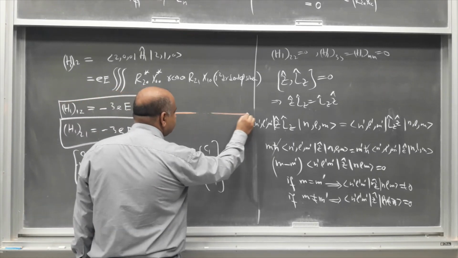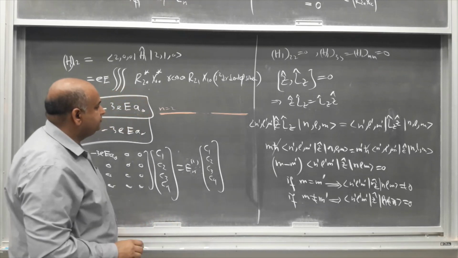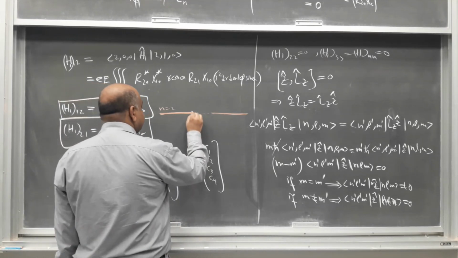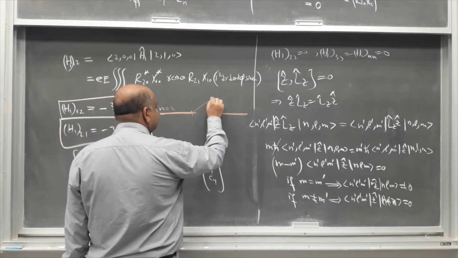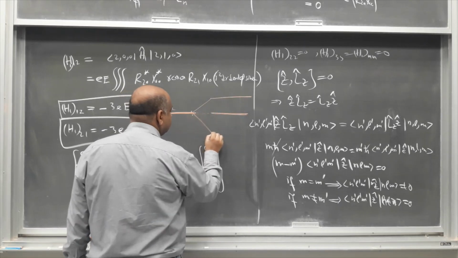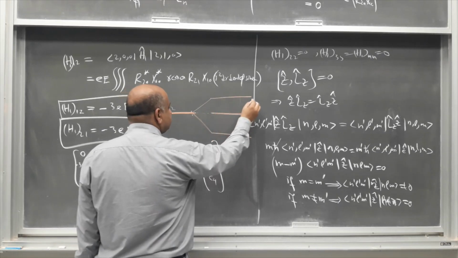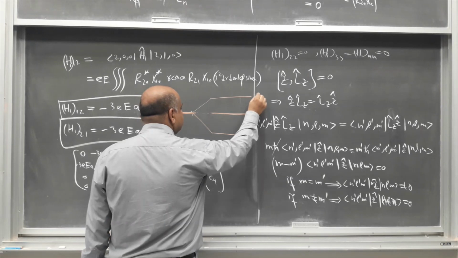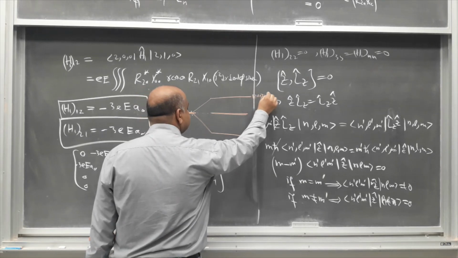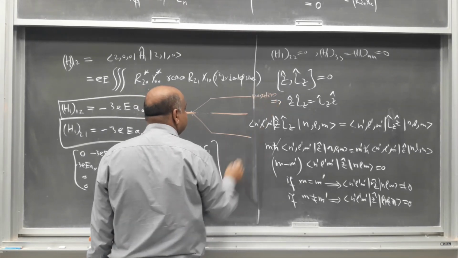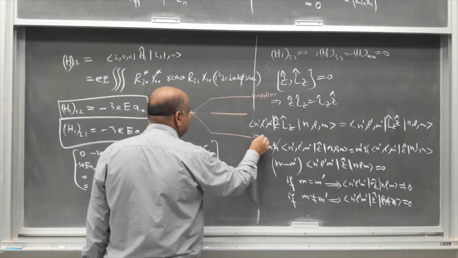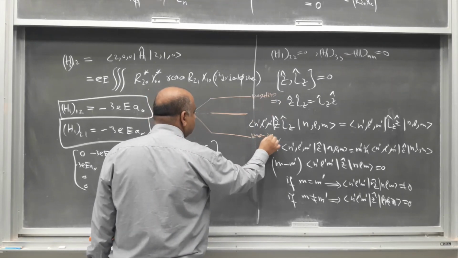Two of the states still have the same energy, but the other two mix to give rise to 2 more states. So this is 2 0 0 plus 2 1 0, and this is 2 0 0 minus 2 1 0.